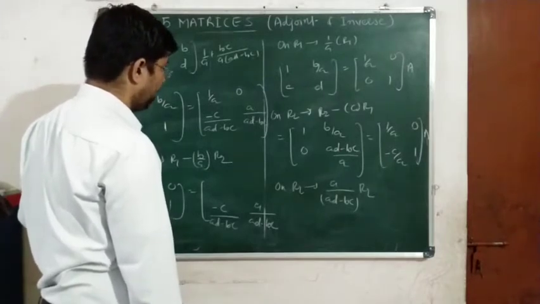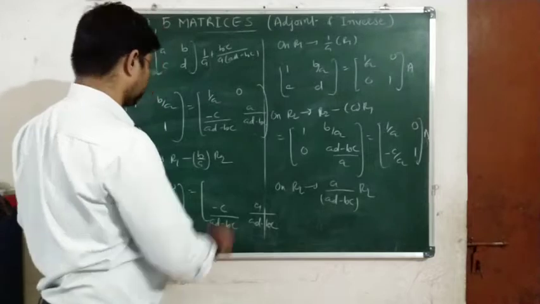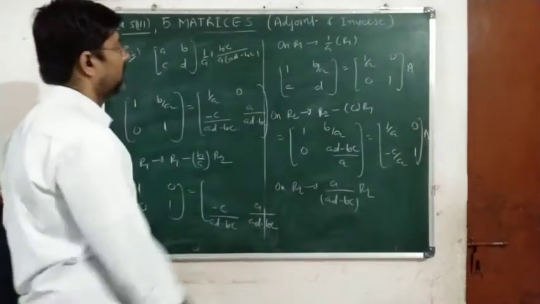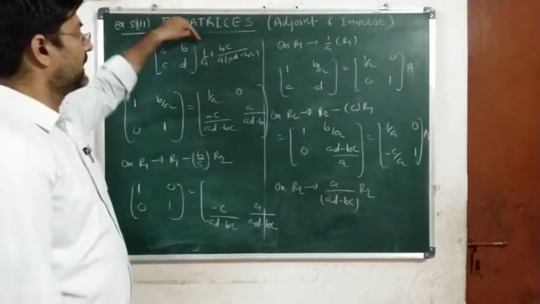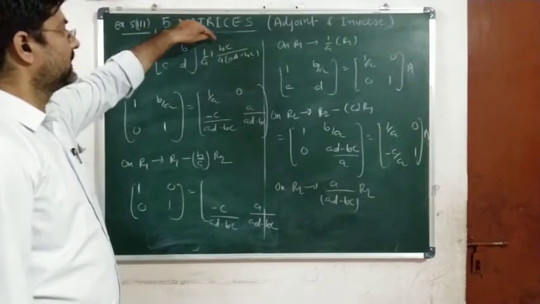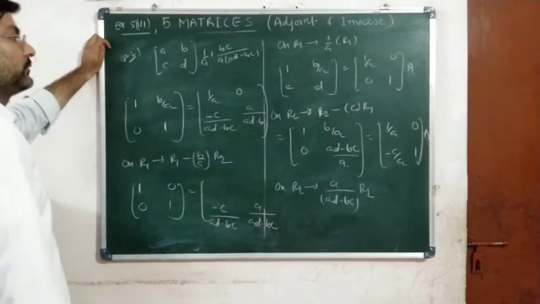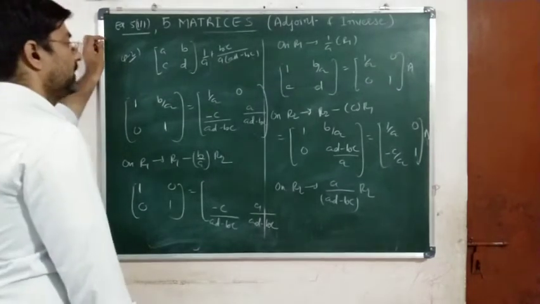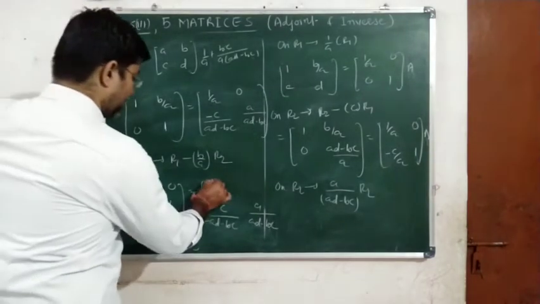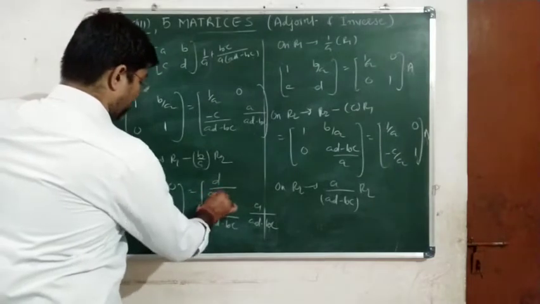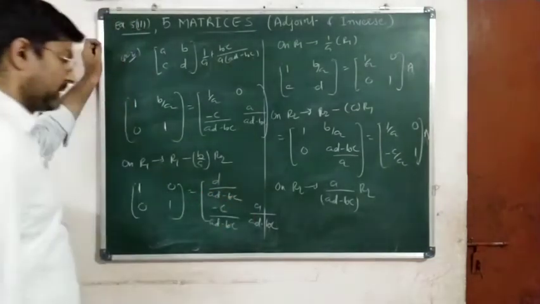Okay, on solving this, this bracket will be multiplied with 1. So AD minus BC plus BC, minus BC plus BC will get cancelled. AD upon A into AD minus BC. So D upon AD minus BC, D upon AD minus BC we will get.